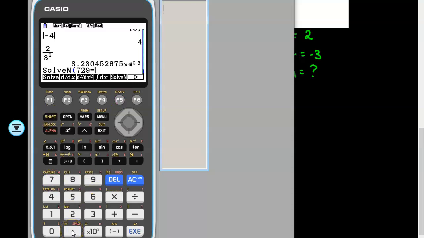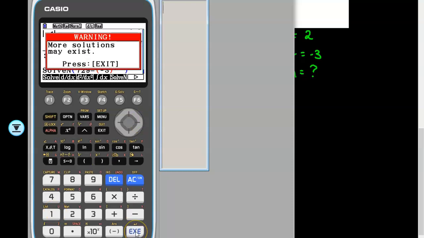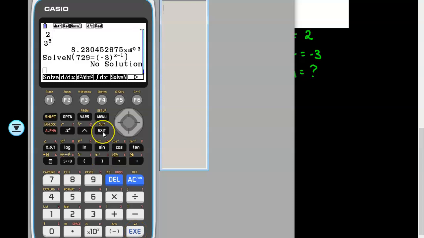Equals. So your equals button is above your decimal. Bracket minus 3 to the x take 1. I know our thingy said n, but your calculator doesn't mind. We close our brackets. Yes, there could be multiple answers. Oh, well, that's not very nice.